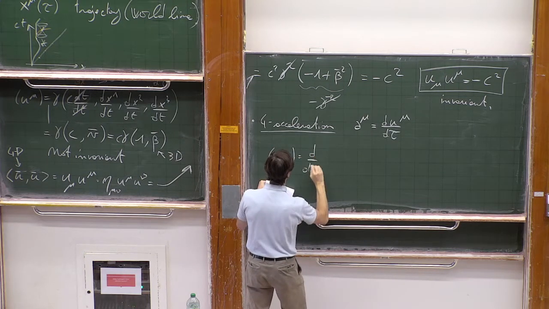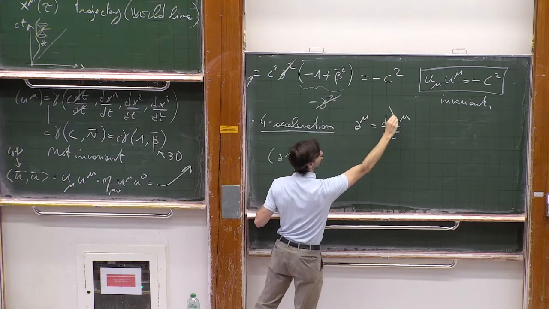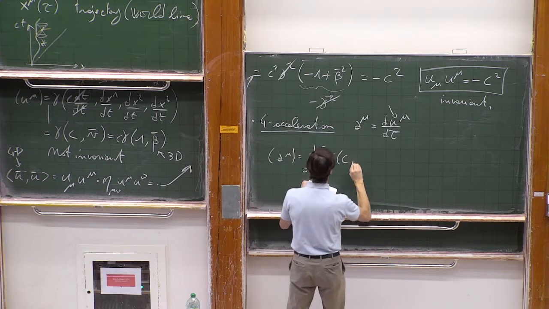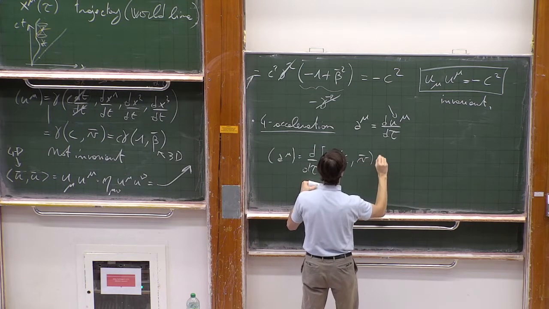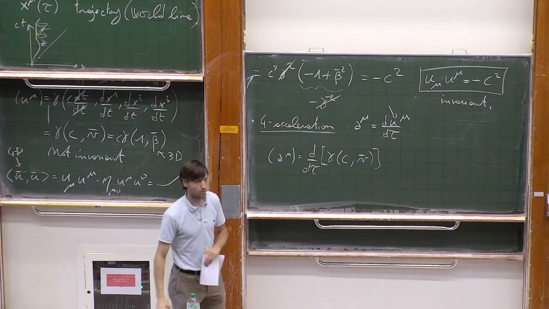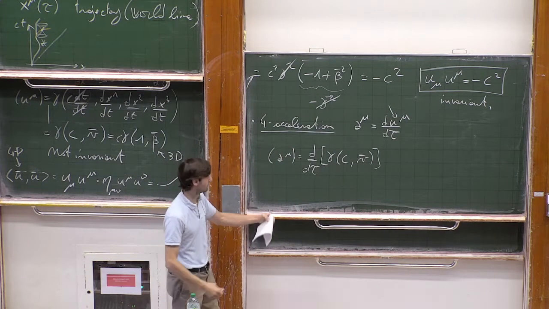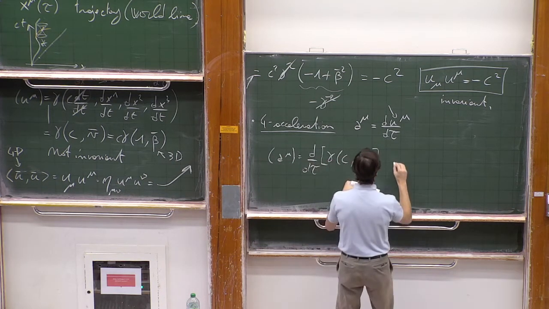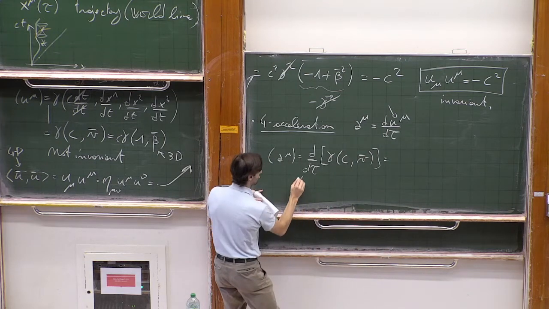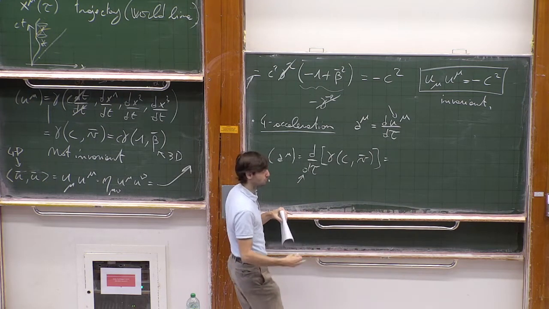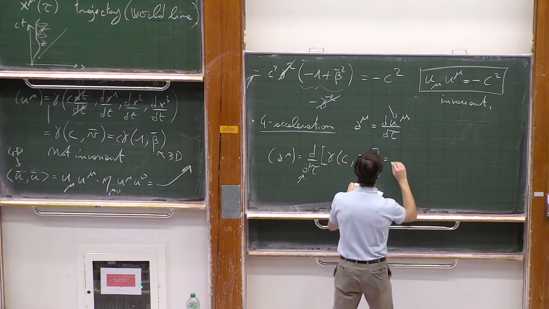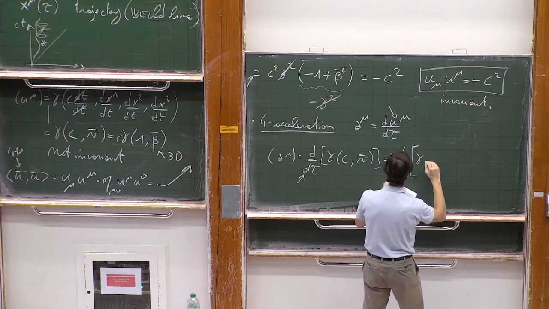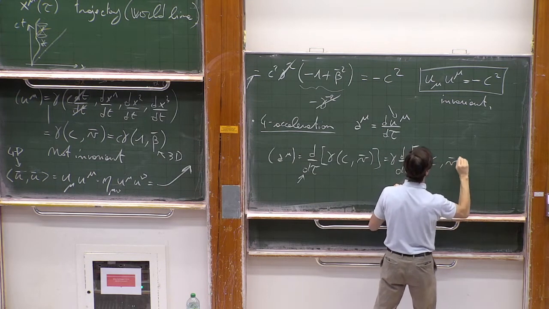The d over d tau, that's what the derivative is, of u mu. Therefore, we are going to have gamma c and gamma velocity, and the derivative of all of that. Derivative is a linear operator. It's going to be applied to each component of the vector. What I can do as well is to change this gamma and express it in terms of time through gamma. Therefore, we are going to have gamma d over dt of gamma c, gamma v.